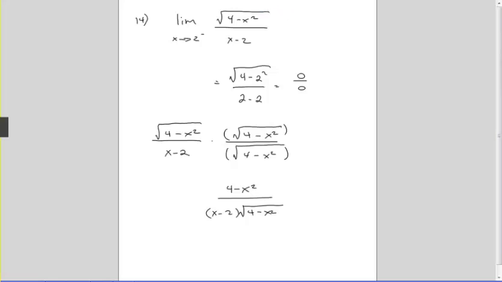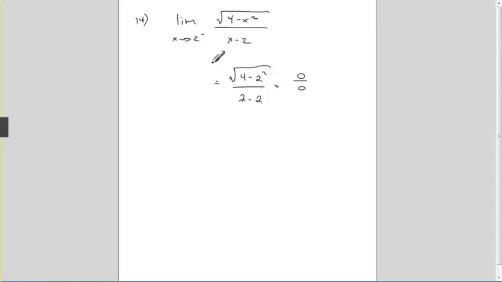So we really don't have something that fits rationalization exactly. We may not be able to improve on this, or do it another way. So we're probably going to have to use L'Hopital's rule.